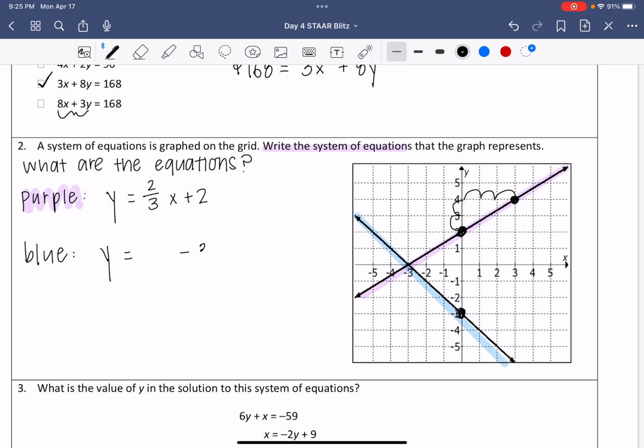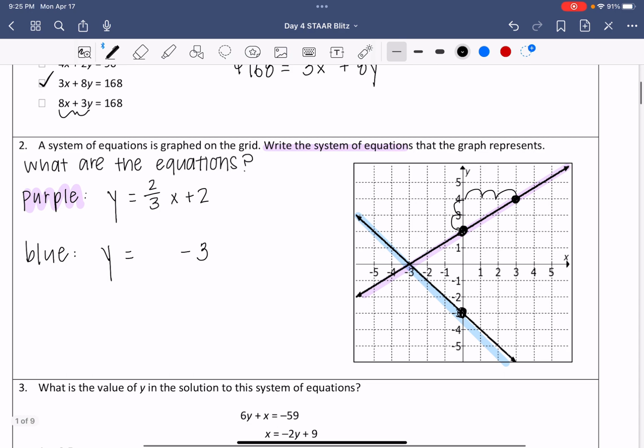So minus 3 is what we're going to put in the equation. And then I'm going to figure out the slope. So it looks like it has a rise of 1, but I'm going to run to the left. So that's a -1 slope. So negative x. Okay. So that is the equation of our blue line. All right. So that's the answer for this one.